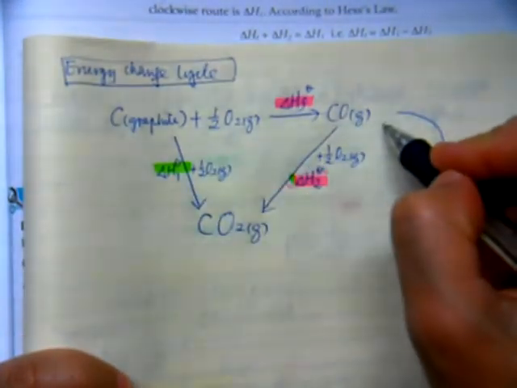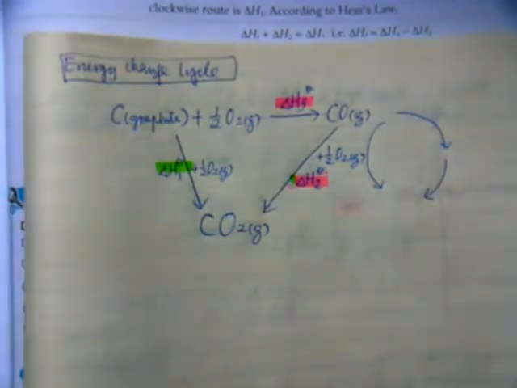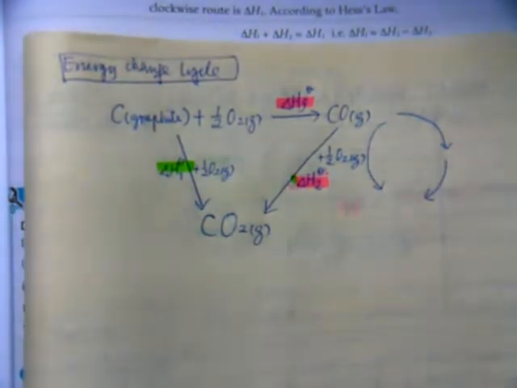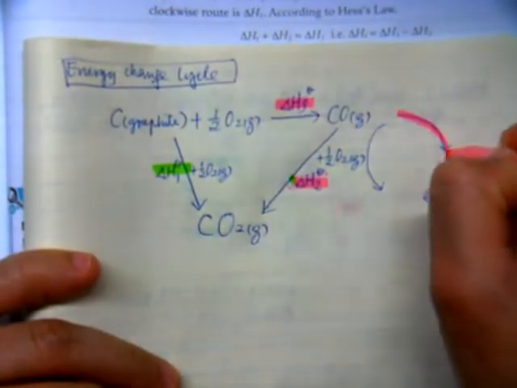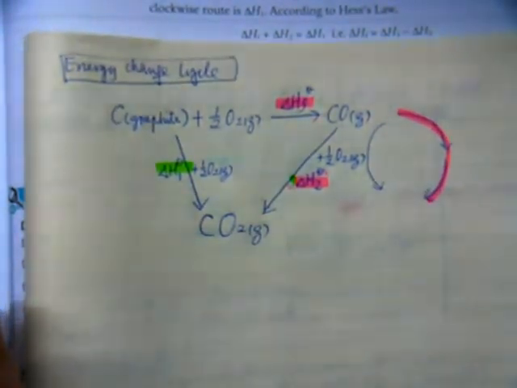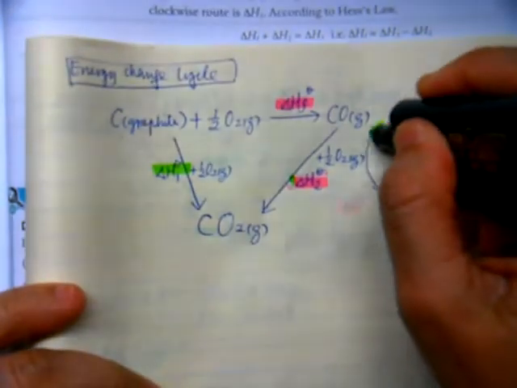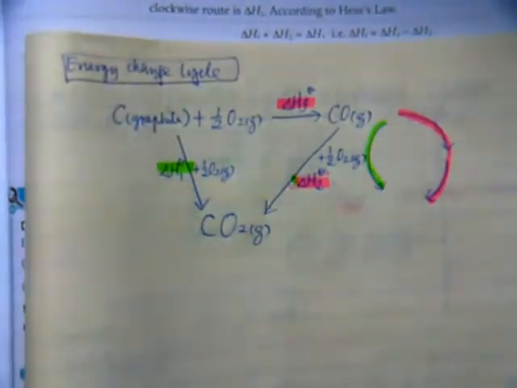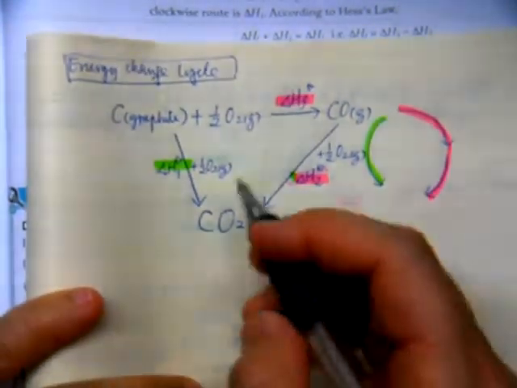However, this arrow is pointing anti-clockwise. Then, for those pointing in the same direction, that means these two belong to the same route. However, this belongs to another route. Do you understand?